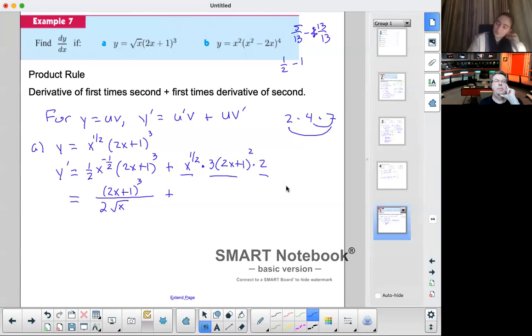That's true. If there was addition, you're getting it confused with the distributive property, which would be 2 times 4 plus 7, then you could distribute it. So I only distribute, so it would be square root of x multiplied by 6x plus 3 squared times 2.